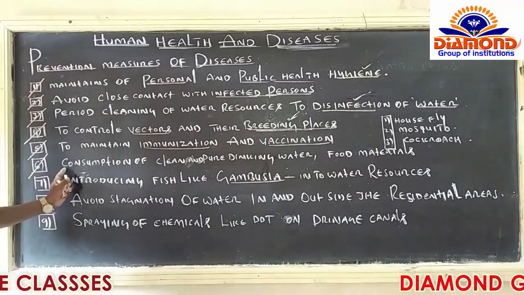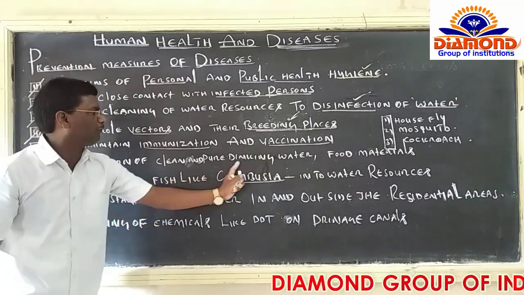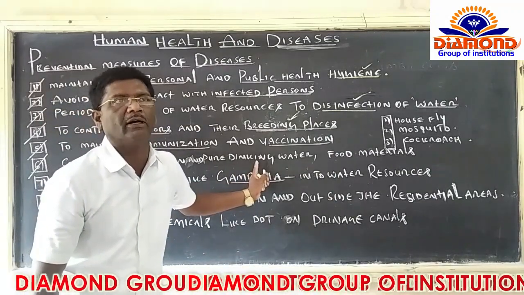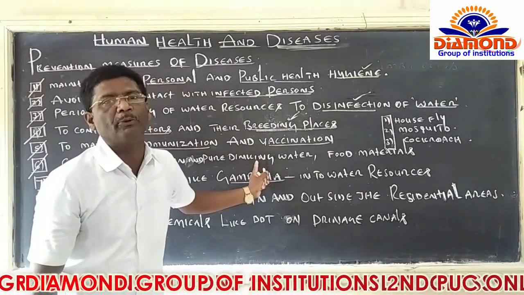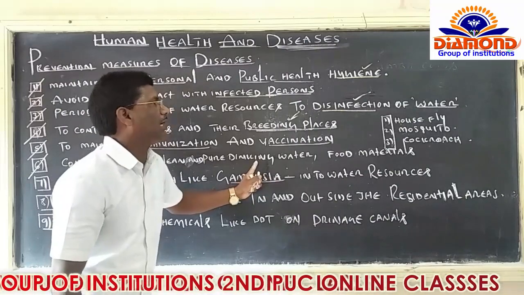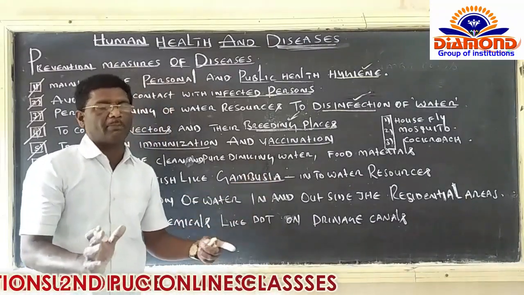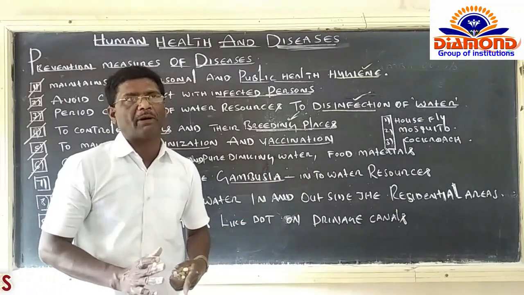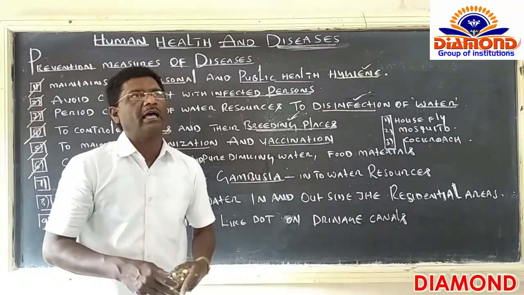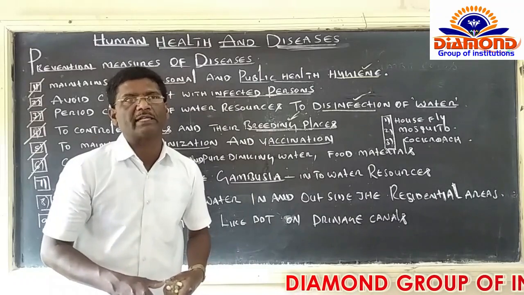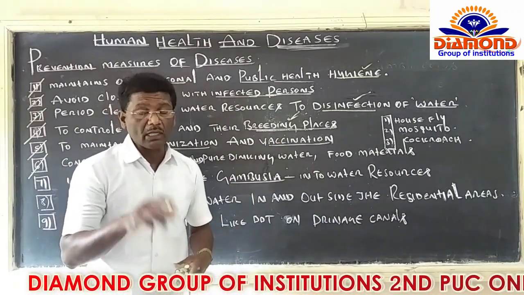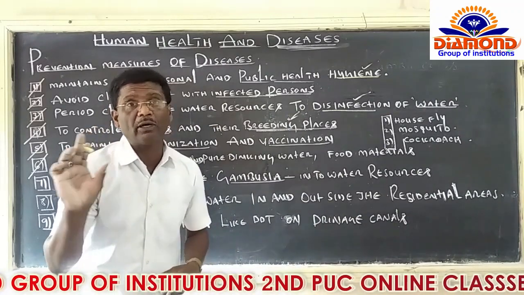Number 6 is consumption of clean and purified drinking water. Whatever water we drink in our daily life, first of all we have to check its purity and cleanness. Some people drink water directly from ponds, canals, and lakes without purification. Drinking such water can lead to waterborne diseases.